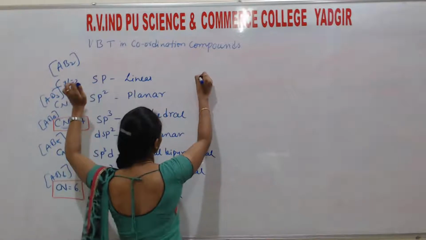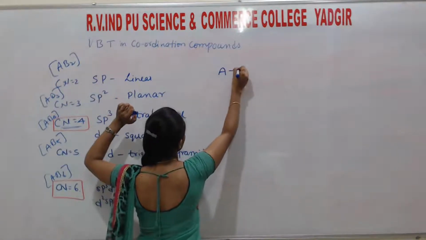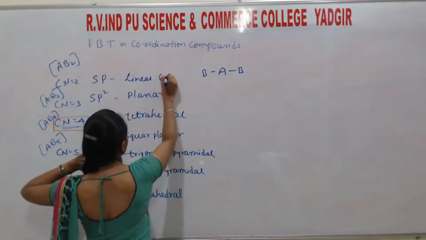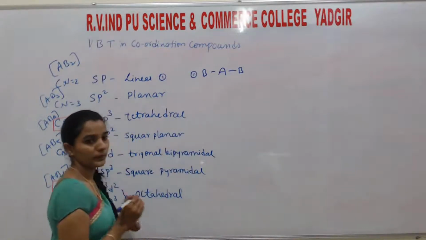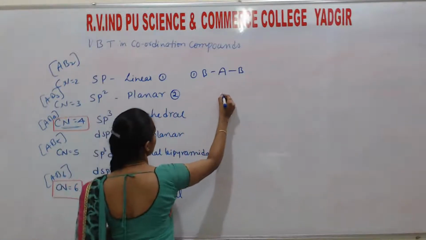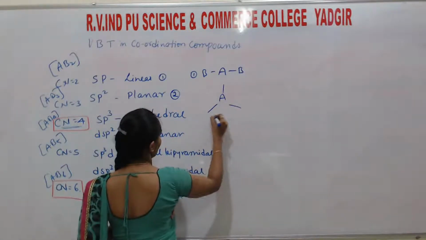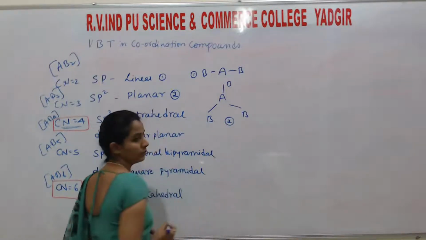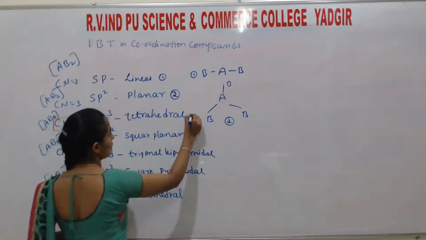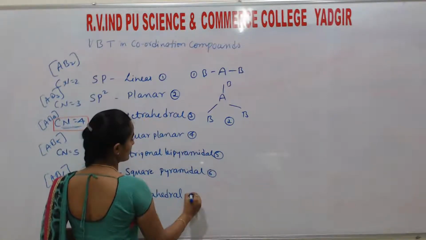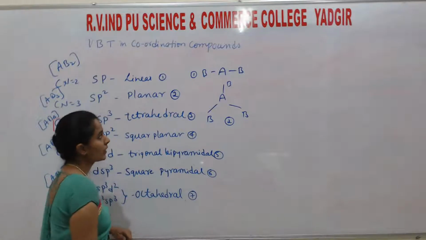In the AB2 type, linear, this is structure 1. Structure 2 is planar, like this.